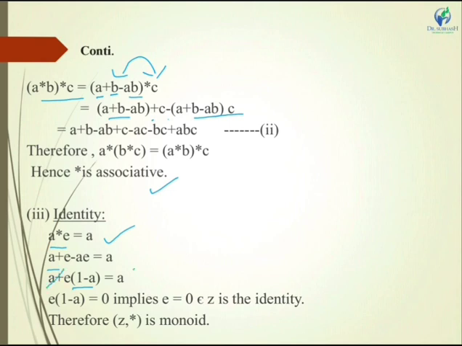Now this a will get cancelled. So I get e(1 - a) = 0, which implies e = 0, and that belongs to the set of integers and is the identity element. Now all the three properties of the monoid are satisfied, therefore we can say that (Z, *) is a monoid.